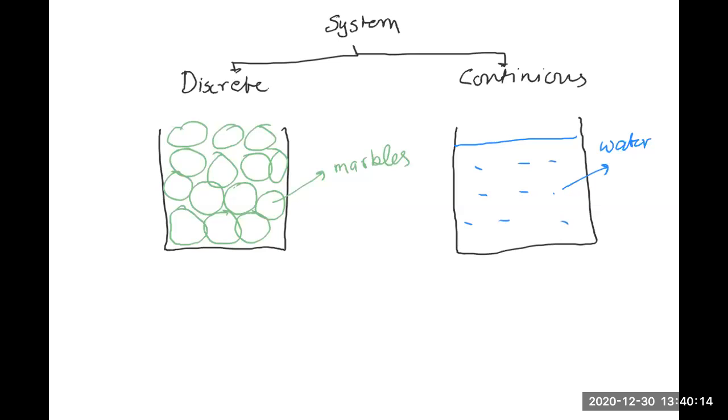So a single marble then will produce a very defined effect. It will produce one sound when it hits the weighing machine, and it will increase the reading of the weighing machine by 100 grams. Right? This will be the effect of the marbles, and such a system is called a discrete system because you can count the number of components of the system on your hand.